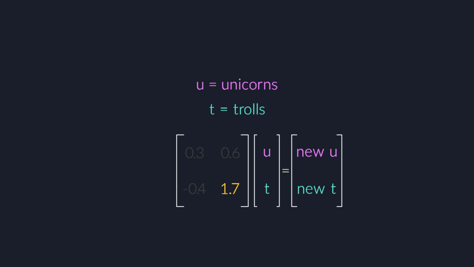But there are also effects between the two species, and those effects are given by the numbers off the diagonal. When there are many unicorns, they start eating all the trolls, and the value for T goes down by quite a lot. And when there are many trolls, the unicorns can survive on a richer diet, so they may have a better chance of surviving.